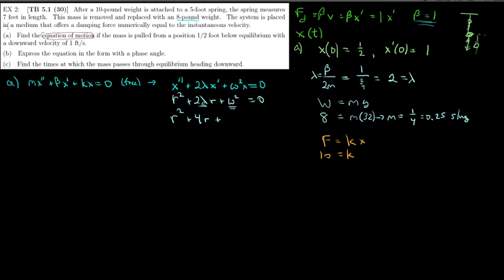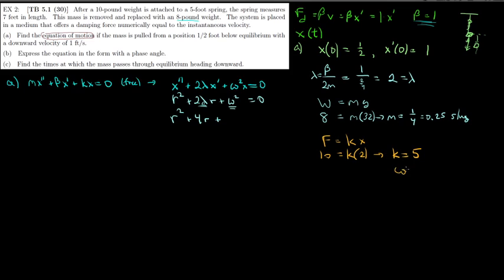The spring will measure 7 feet after the 10 pounds is attached, so the displacement from 5 to 7 is only 2 feet. That's the displacement from equilibrium. If 5 feet is the equilibrium and it stretches to 7 feet, it stretches 2 feet. So k is equal to 10 over 2, which is 5. So we know k is 5.